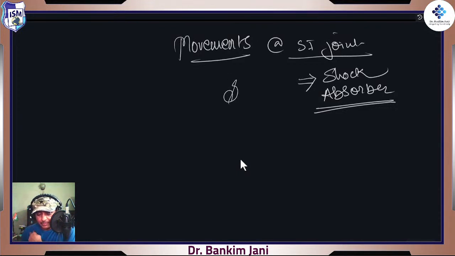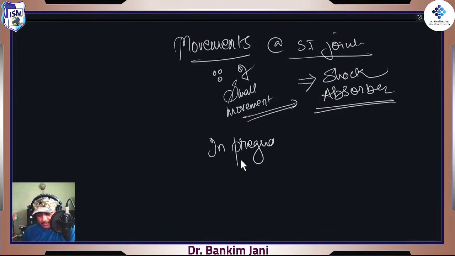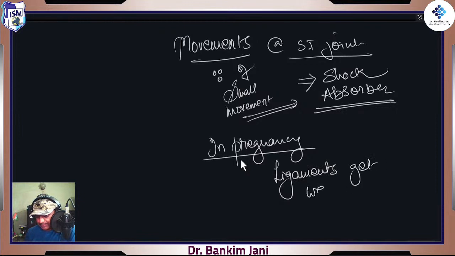Because there are small movements, it acts as a shock absorber. Just in pregnancy, when the entire function of the pelvis is to make room for the newcomer, the ligaments get weak. And when the ligaments get weak, at that point there would be some increased movement in this joint.